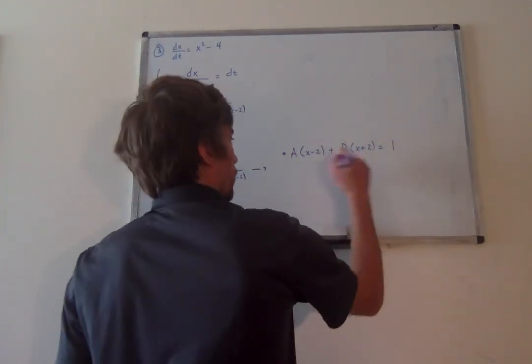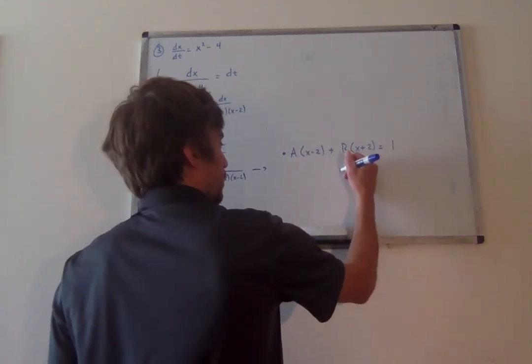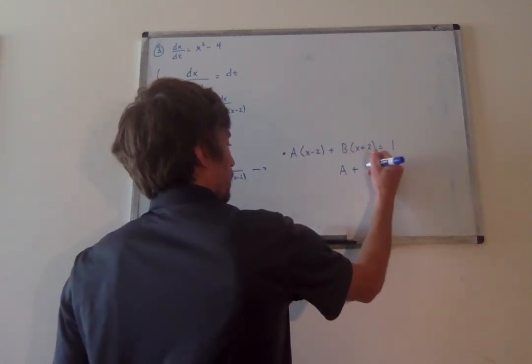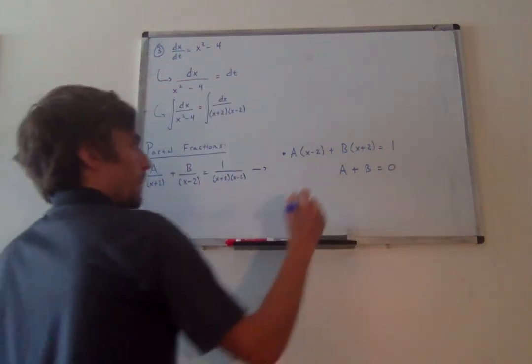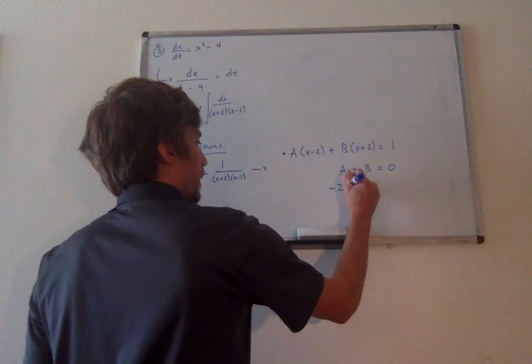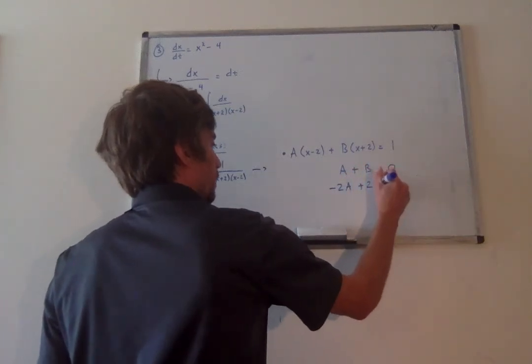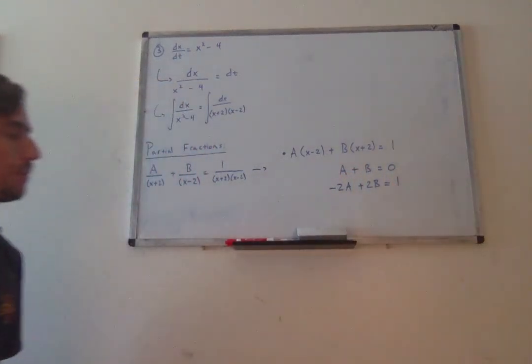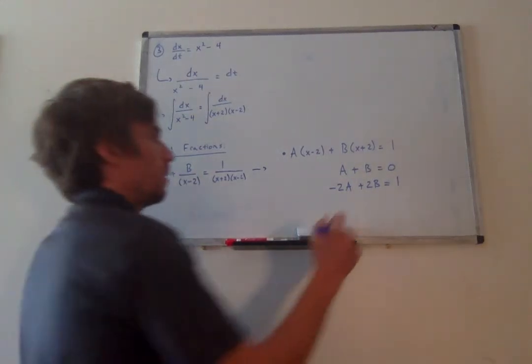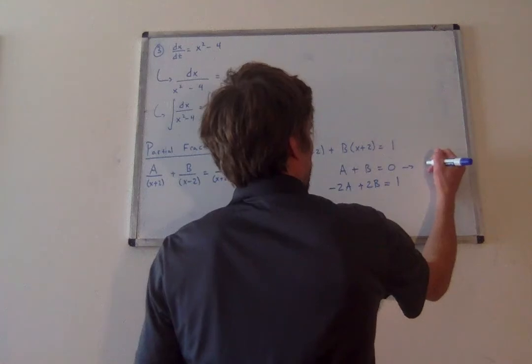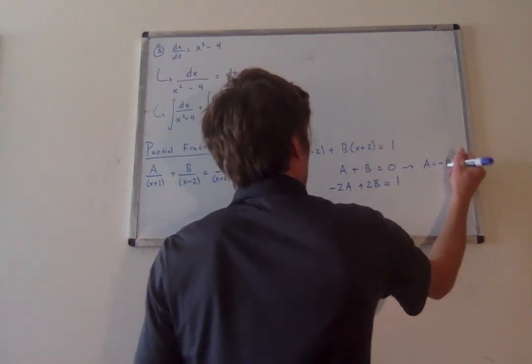And so now we know that the x terms, ax plus bx, must equal 0, which implies that a plus b is equal to 0. And here we'd know that negative 2a plus 2b is equal to 1. So this implies that a is equal to negative b.